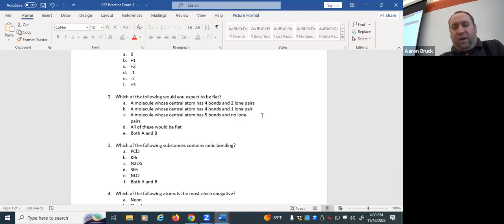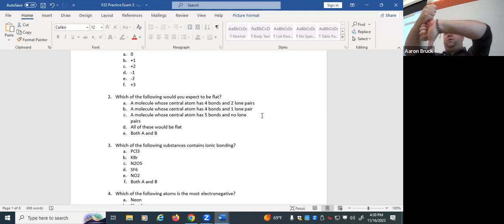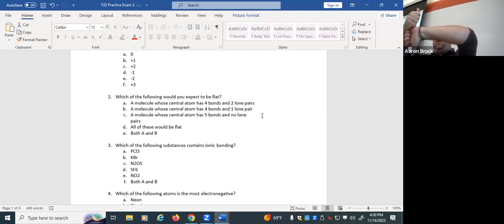So in A, what's the steric number for molecule A? It's going to be 6. And so if two of those are lone pairs, we put them opposite each other, all that would be left would be the square planar shape. So a planar shape is two-dimensional. It's flat. So A would be flat.